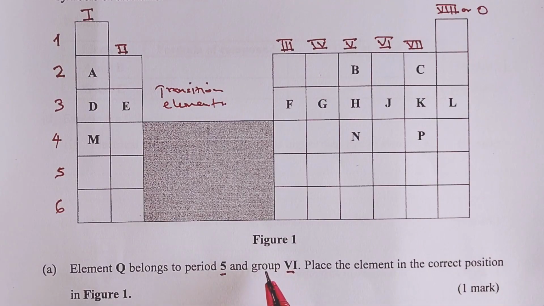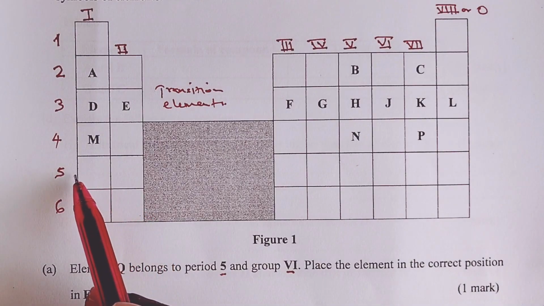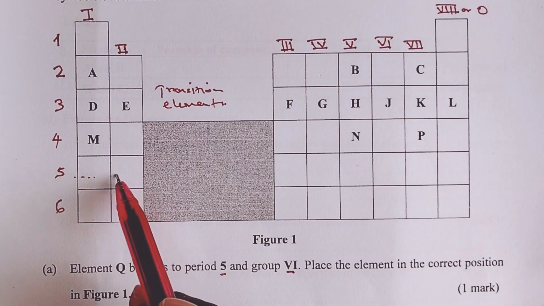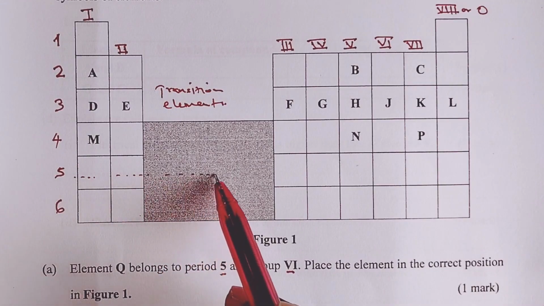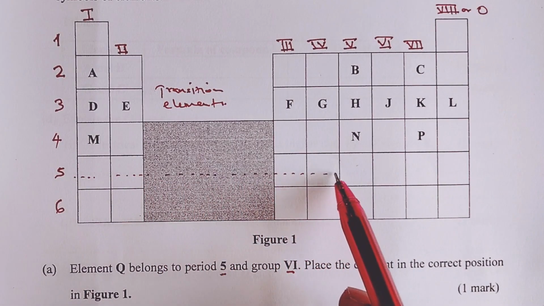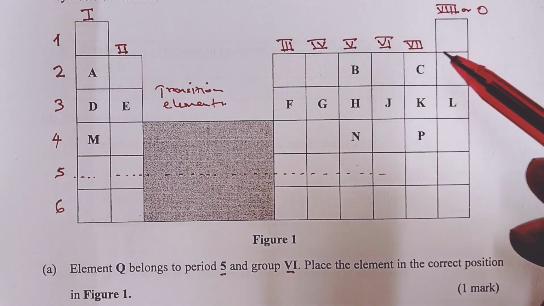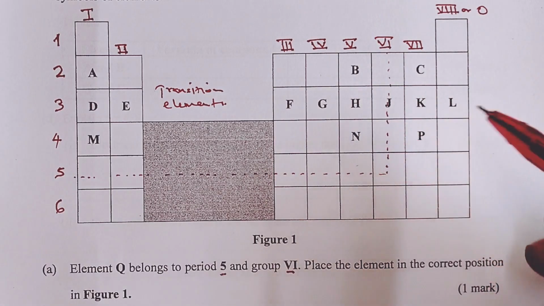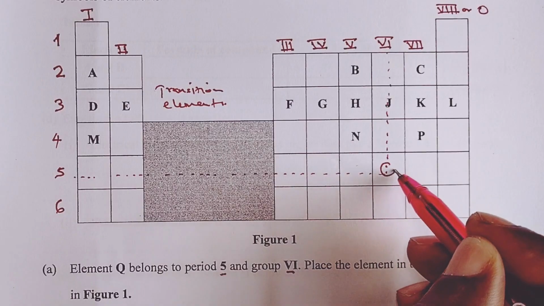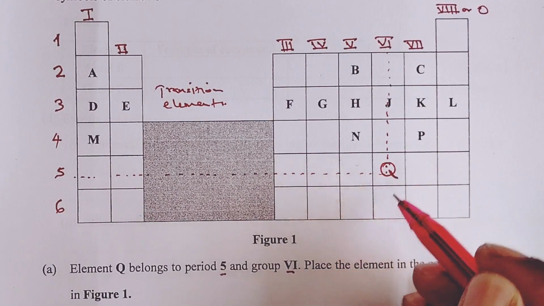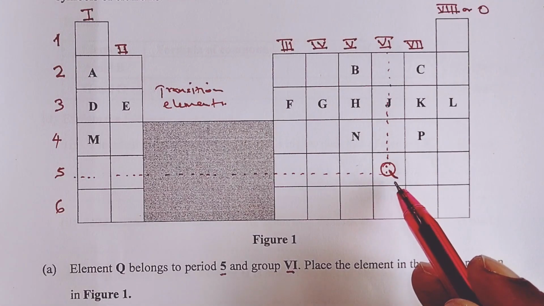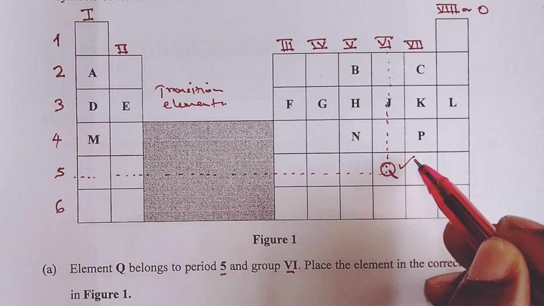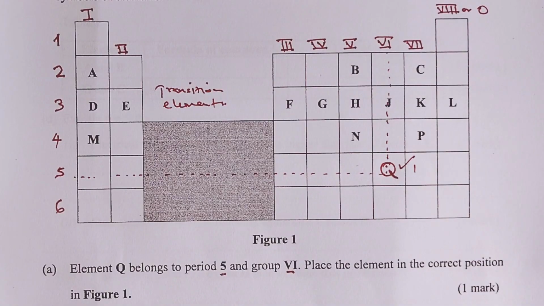So what a candidate needed to have done is to simply follow period 5 to the right, and then follow group 6 going down, and then element Q would be at the intersection of the two. So this is where Q would have been for 1 mark. Then we move to part B.